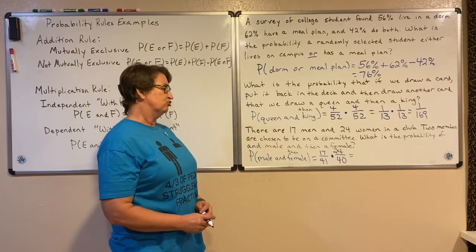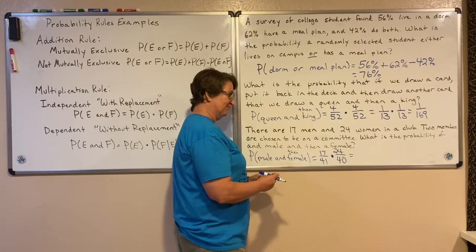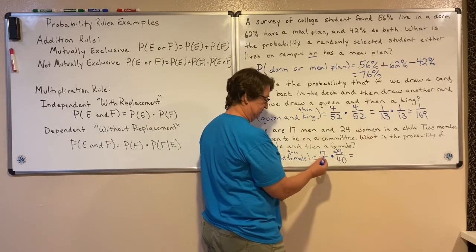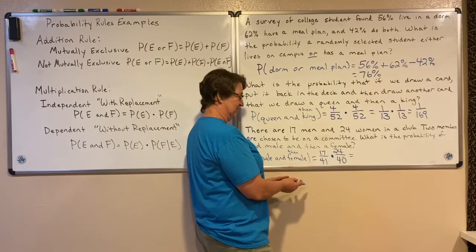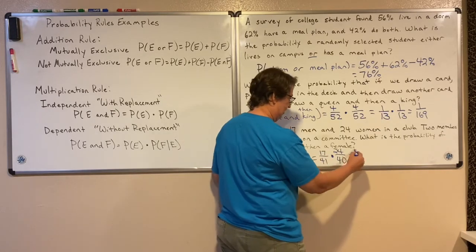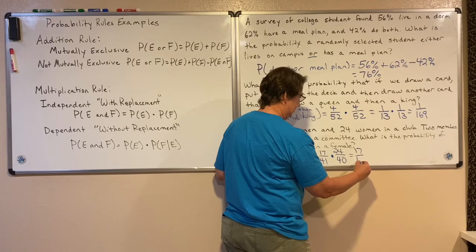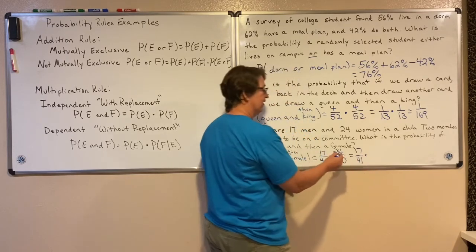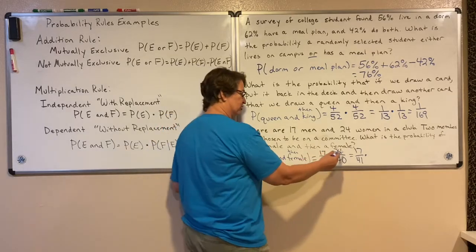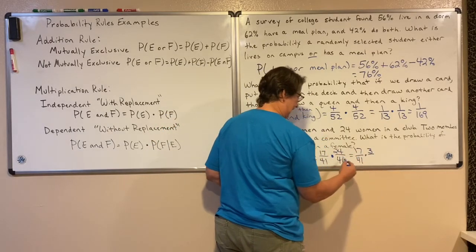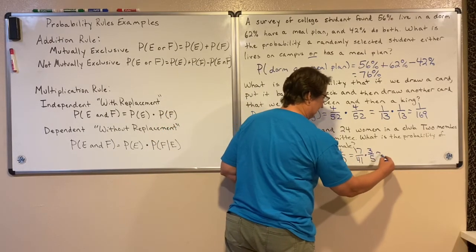So now I just do this multiplication. I'm going to simplify first again to make it a little easier. 41 is a prime number, and so is 17. But 24 40ths then does simplify. 8 goes into both of those. 8 goes into 24 3 times, and 8 goes into 40 5 times.